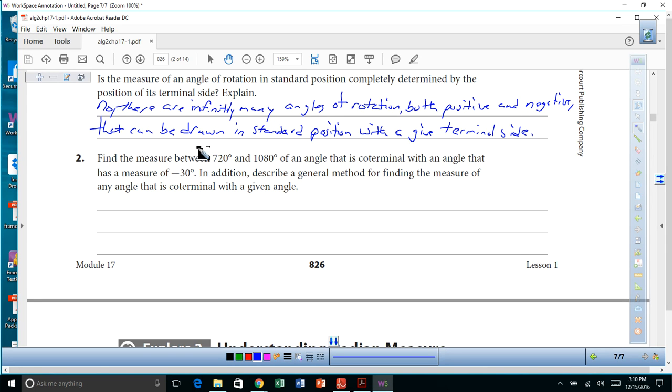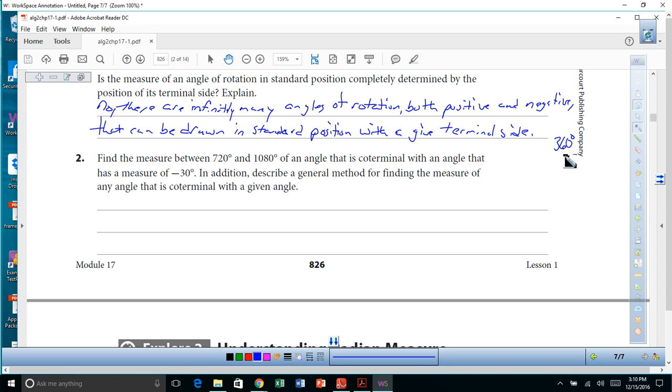Number 2, find the measure between 720 degrees and 1080 degrees of an angle that is coterminal with an angle that has a measure of negative 30 degrees. In addition, describe a general method for finding the measure of any angle that is coterminal with a given angle. So if you do 1 revolution, that's 360 degrees, right?